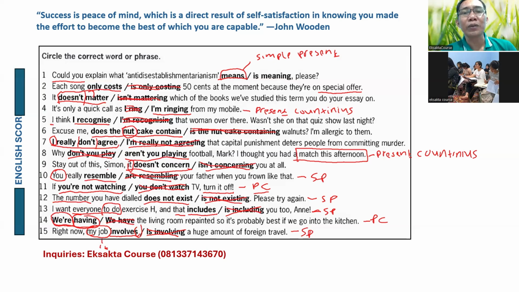That's our explanation about number one to number 15. To say again: number one, simple present. Number two, simple present, or SP. Number three, SP. Number four, present continuous. Number five, SP. Number six, here use does, so it is simple present.